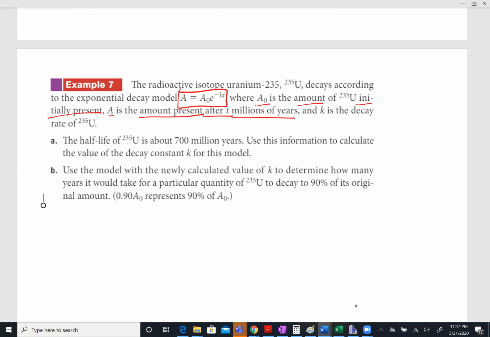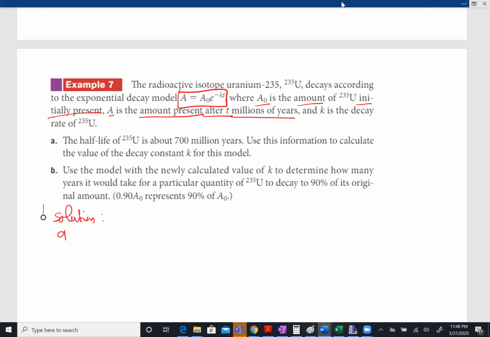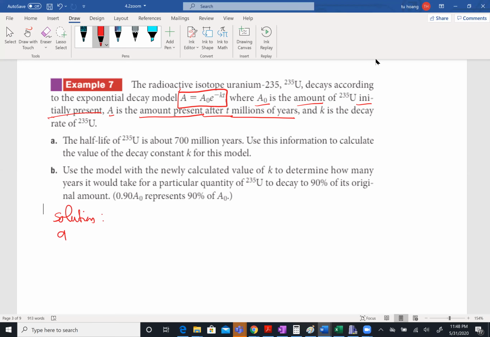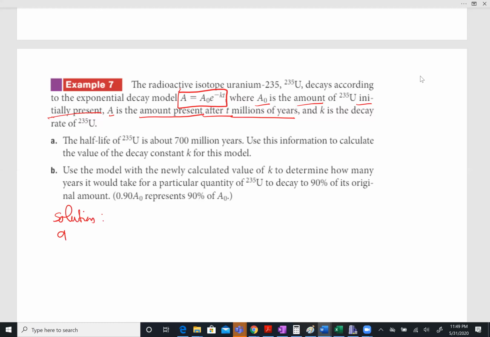Okay, so in here, let me say solution. So in this part a, it tells you that the half-life of uranium is about 700 million years. So what does that mean?